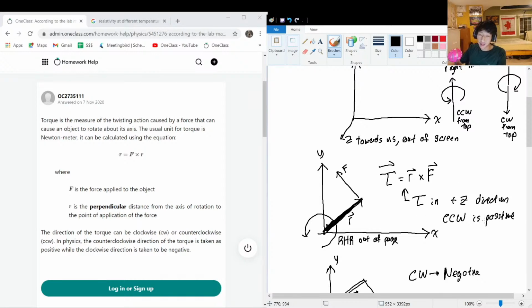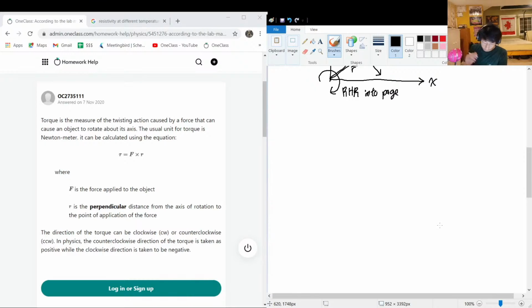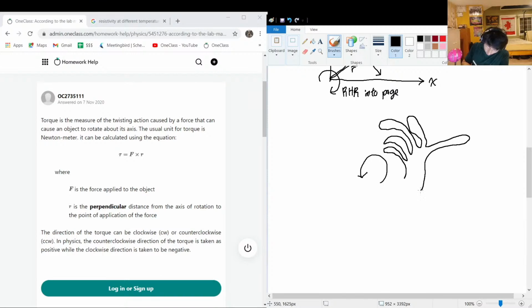So just make sure that your fingers follow rotation, and thumb points to axis of rotation direction.